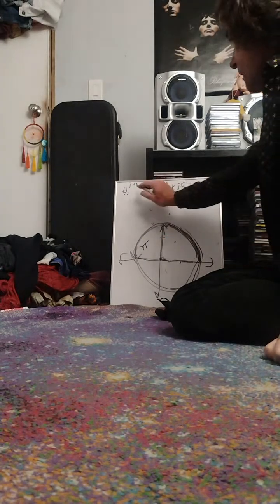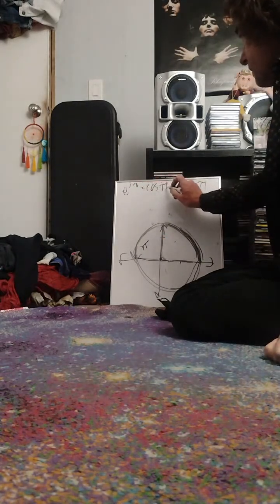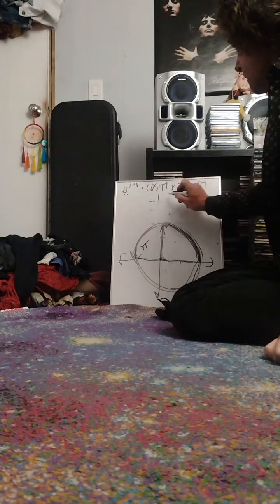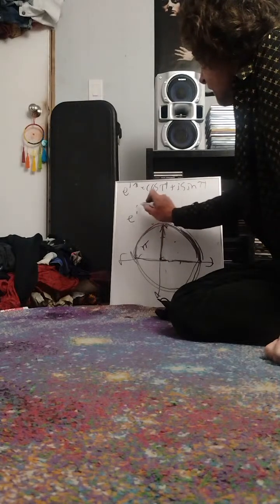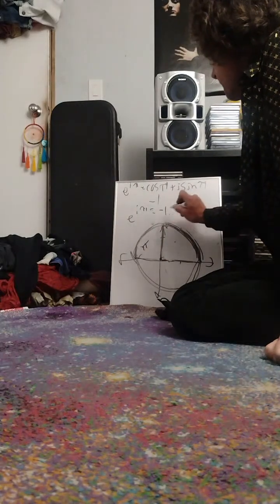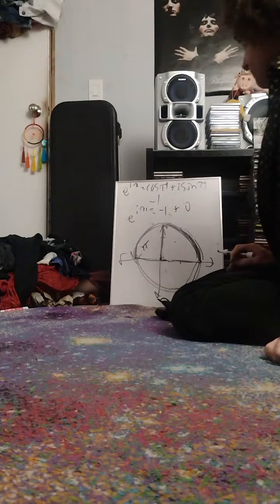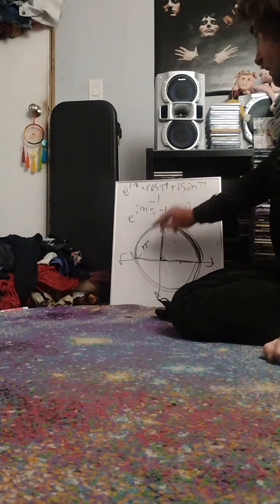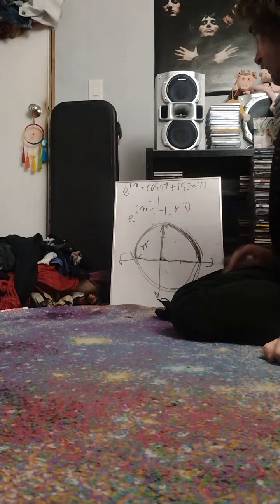So if e to the I pi was cosine of pi plus I sine pi, cosine of pi is -1, and sine of pi is 0. So we have e to the I pi equals -1 plus 0, because cosine pi is -1 and sine pi is 0.